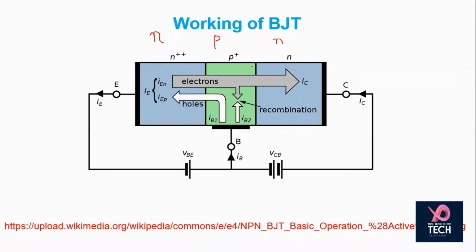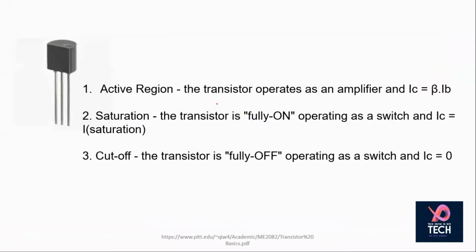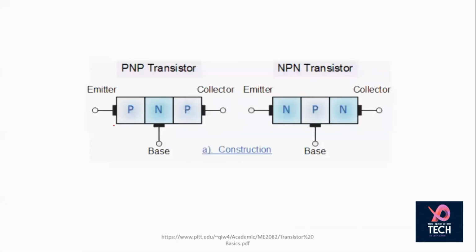Now coming forward towards the various modes of operation. This BJT can be operated in different modes of operation. The first mode is the active region. There are two junctions, the emitter base and base collector.